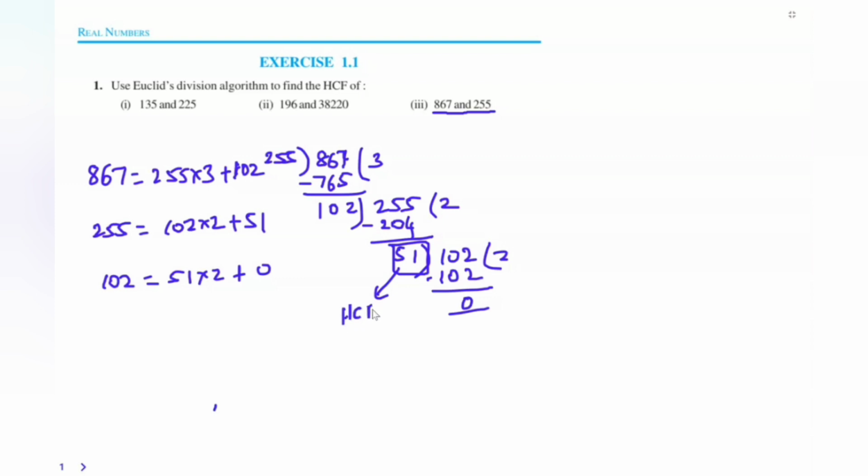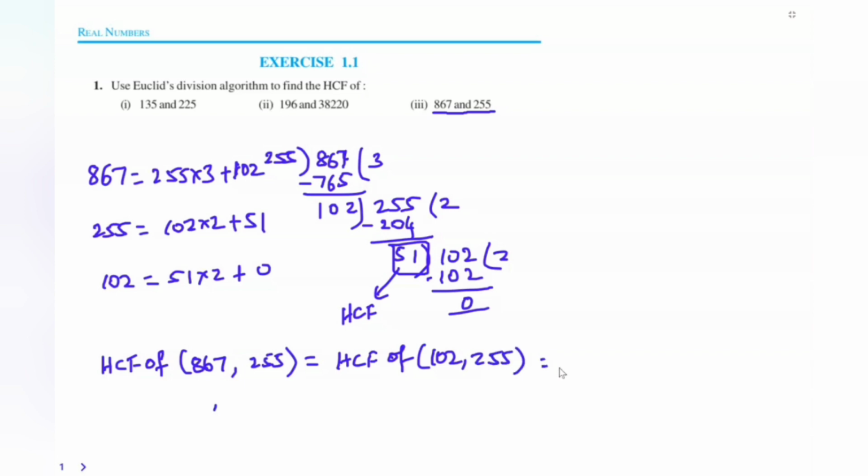Therefore, HCF of our numbers 867 and 255 is the same as HCF of the next pair 255 and 102, which is also the same as HCF of the other pair 51 and 102. For all of these the HCF is the same number, 51. Let's go to question number 2.